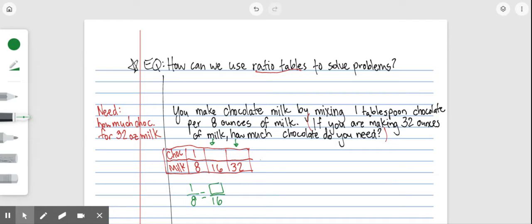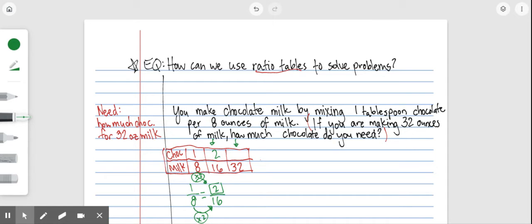So I need to find my multiplicative relationship. So I'm going to remember I want to multiply. So 8 goes to 16. How many groups of 8 are in 16? 2 groups of 8 are in 16, which means in the numerator, the same thing's going to happen. 2 groups of 1 tablespoon, which makes this 2 tablespoons. So if I have 16 ounces of milk, I need 2 tablespoons of chocolate.